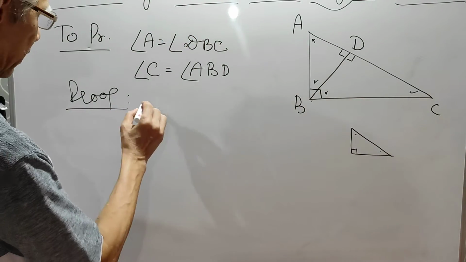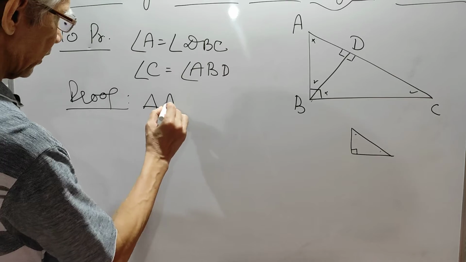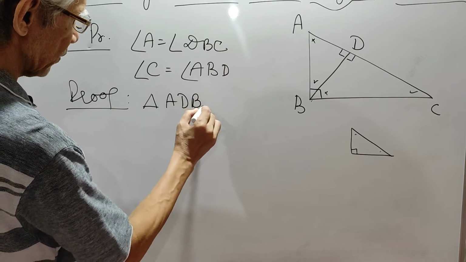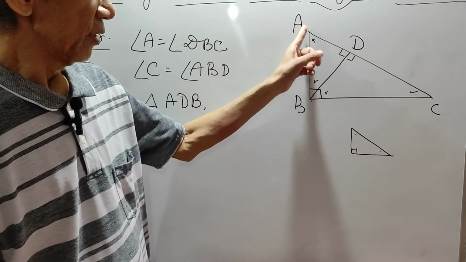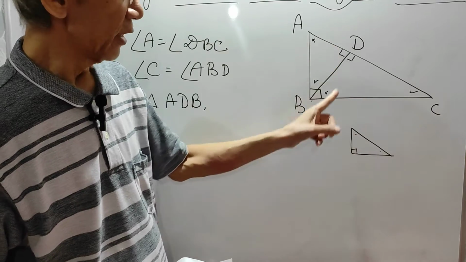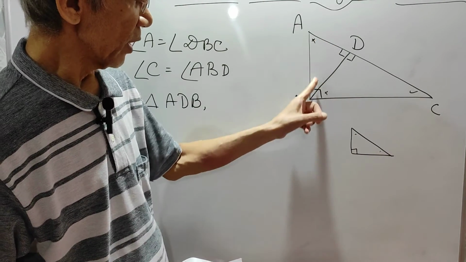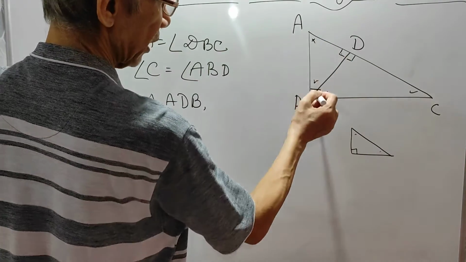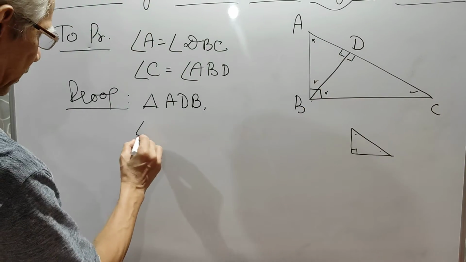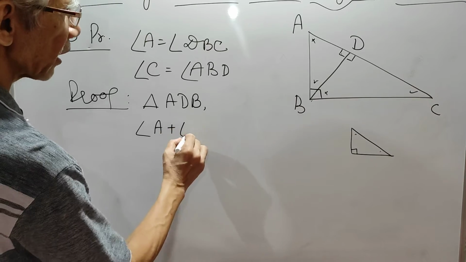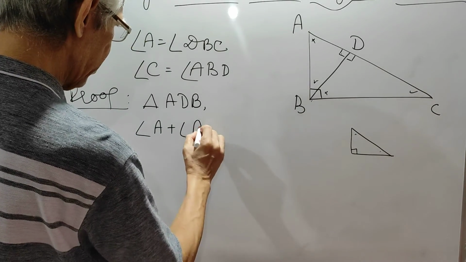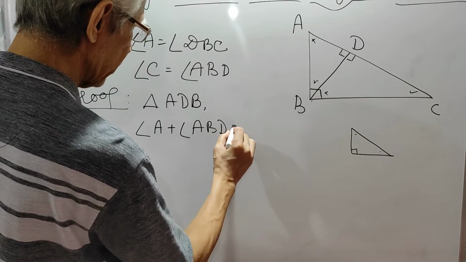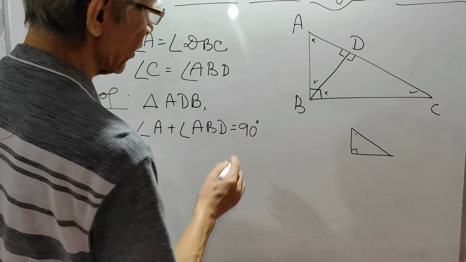Now if you take the triangle ADB, this is a right angle triangle, this is 90 degrees. Therefore, this plus this is 90 degrees. So angle A plus angle ABD equal to 90 degrees, isn't it?